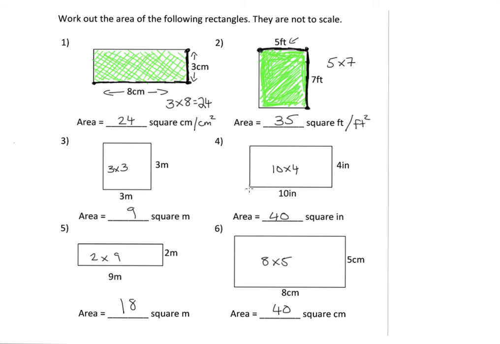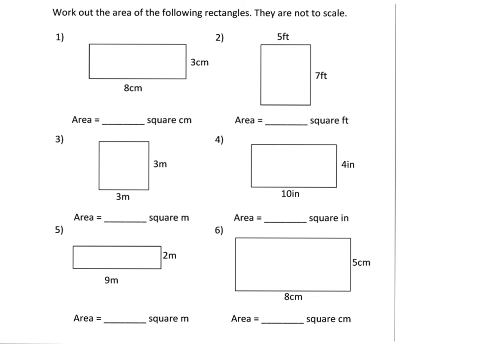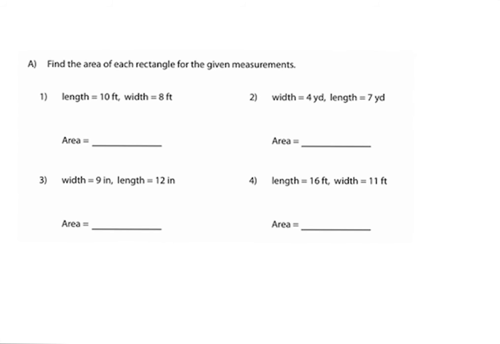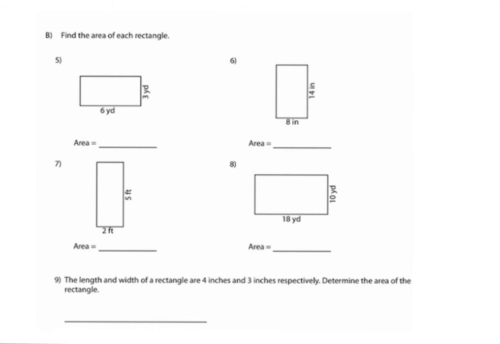Now for homework for the rest of the day, this is the same one. I accidentally put it up twice. I won't do that one, I will do this one here. I'd like you to try and do these 4 questions, 5, 6, 7, 8, and this 5th question, which is describing in words.